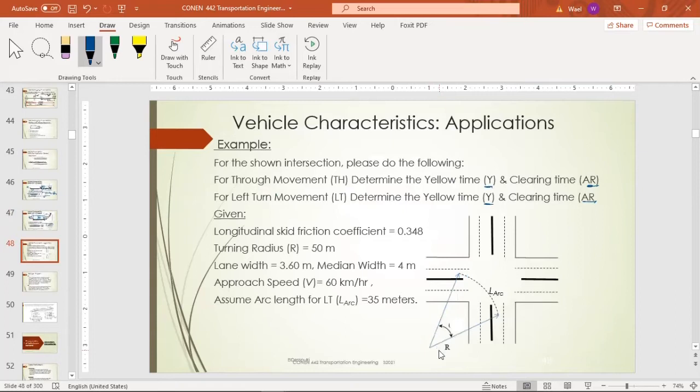We have a longitudinal friction and the turning radius, 50 meters, the lane width, and here also we have the turning arc, or the turning distance, 35 meters. We have a median width of 4 meters. We have an approach speed V of 60 kilometers per hour. So basically, we want to calculate the turning speed.